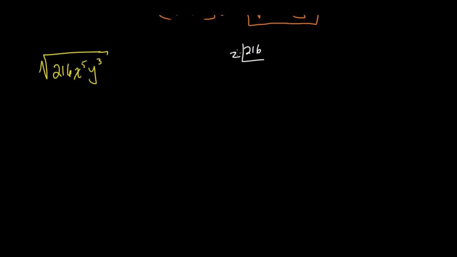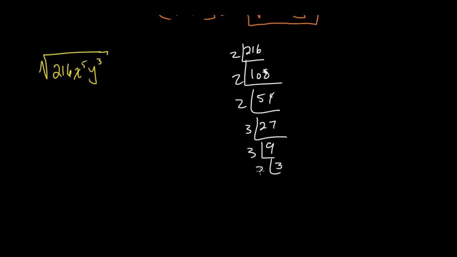So 216 is divisible by 2, which is 108. That's divisible by 2, which is 54. That's divisible by 2, which is 27. That's divisible by 3, which is 9, 3, 3, 3, and 1. So 216 is 2 to the third power times 3 to the third power. Well, that's one way to look at 216.